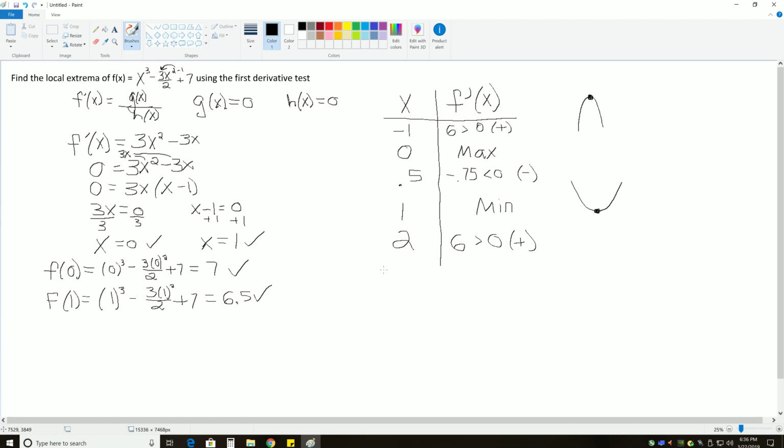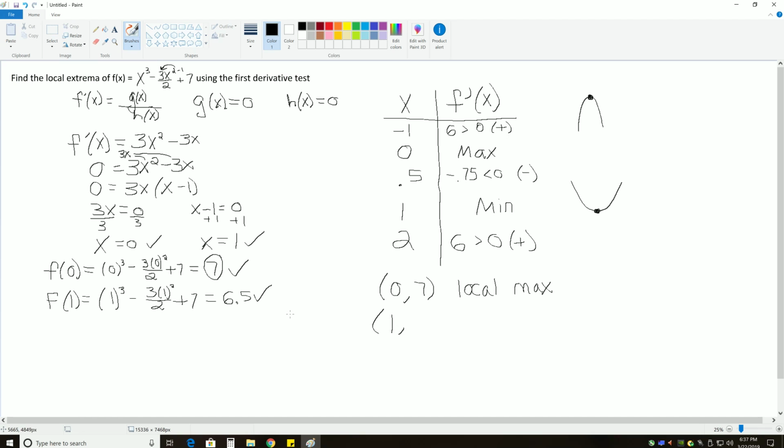So now we just want to list each of these. We have the point 0, comma, and now we'll go back to our function value we did over here. We have a 7. So (0, 7) is a local maximum. And now we go to our other critical number, 1.